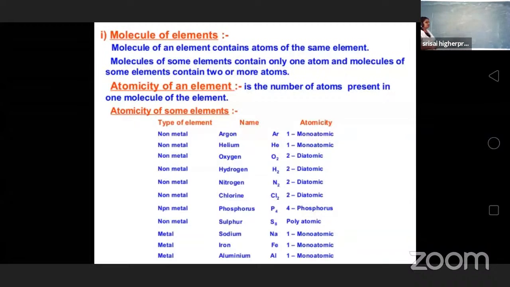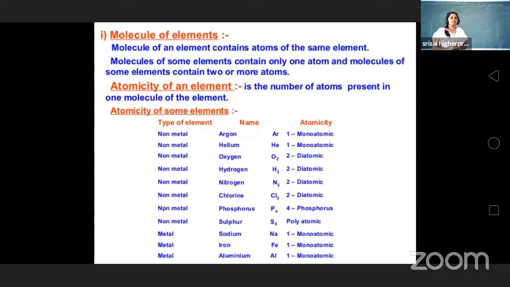For example, we know metals and non-metals. So what is the atomicity of an element? It is the number of atoms present in one molecule of the element. What are the metals?